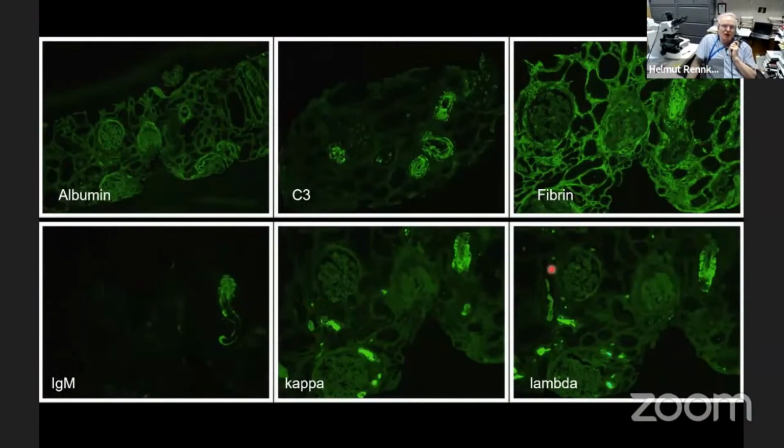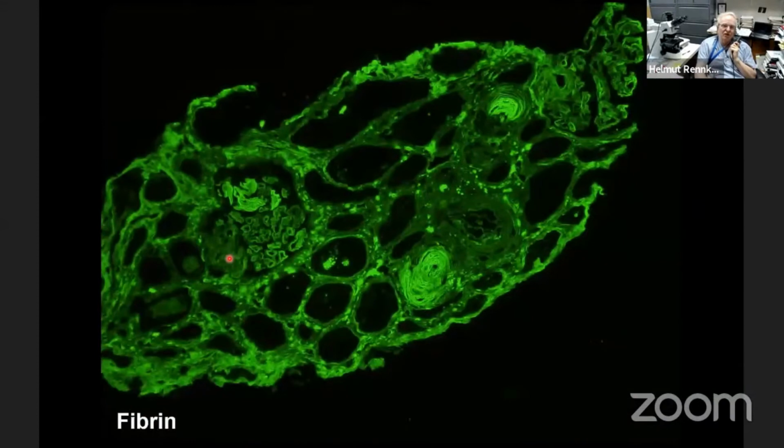The details of the glomeruli, globally sclerosed glomeruli, vascular scarring and occlusion, and of course remodeling of the capillary walls with double contours. Here you see another small artery completely occluded and the remodeling of the capillary walls. The immunofluorescence microscopy shows very dramatic complement in the vasculature, of course, and this is associated with IgM, kappa, and lambda, which is the hyalinosis that you see often associated in these cases, and the fibrin, very dramatic in the vascular walls, as well in this case locally along the glomerular capillaries.